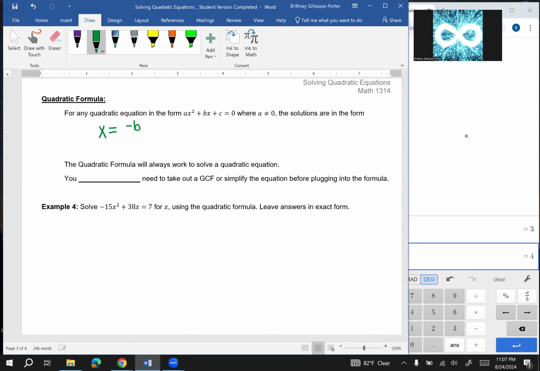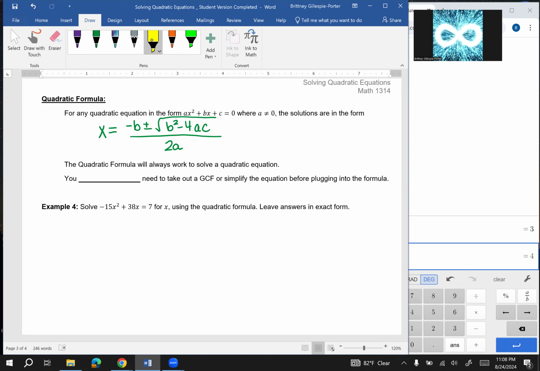We're going to have the opposite of b plus or minus the square root of b squared minus 4ac all over 2a.